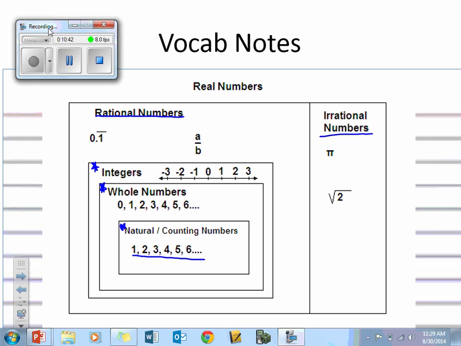Then all rational numbers would also include a number that can be written as a fraction. So if I can write the number as a fraction, it's a rational number. Or maybe I can write it as a terminating decimal or repeating decimal. In this case, this is a repeating decimal.